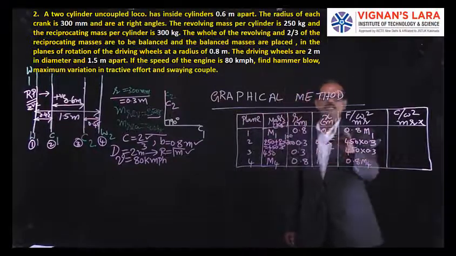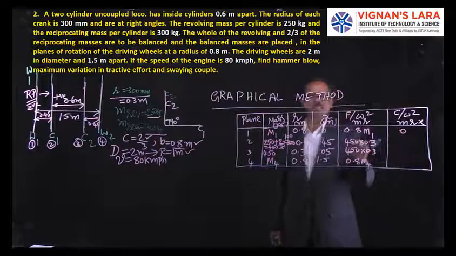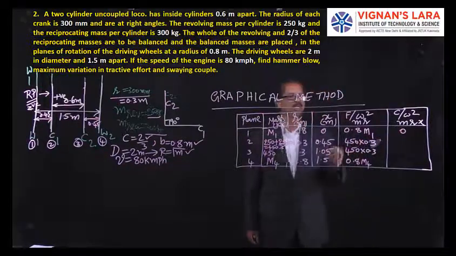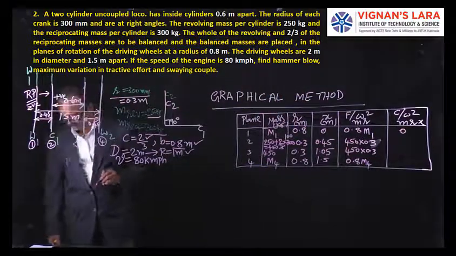Then MR into X, this is 0. Then what is 450 into 0.3? So 450 into 0.3 is 135.